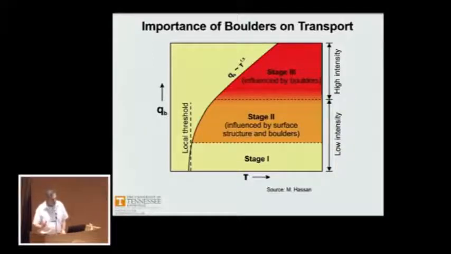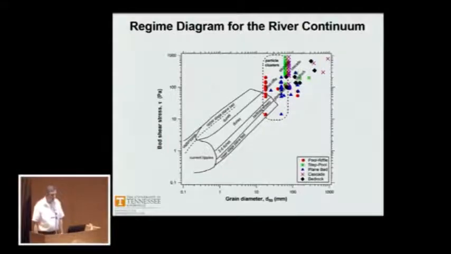So where we get the problems is the low intensity regime, but the low intensity regime affects in many ways the bed surface structure, and therefore has implications for the higher intensity. Therefore, this is something that requires some further investigation.